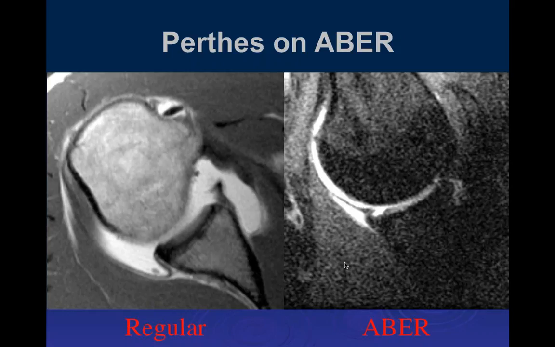So you end up with the same position as if you completely abducted the shoulder, even though to get it in that position, sometimes it's easier to bring the elbow forward, flex the shoulder, but then you have to externally rotate it to have it lie down on the table.